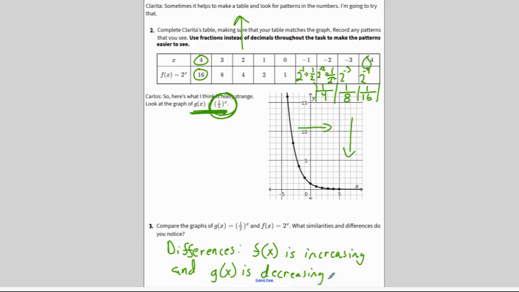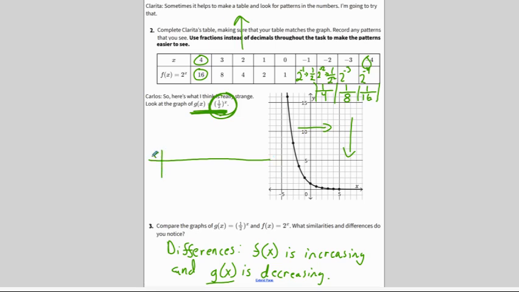Notice that g of x does not have a negative number attached to it. It has a fraction. And if you think about that, it's saying like you had 100% of something, and now I only have 50% because that 1/2 represents 0.5. So that's just something that's kind of unique to exponential functions, is we have exponential growth and we have exponential decay.